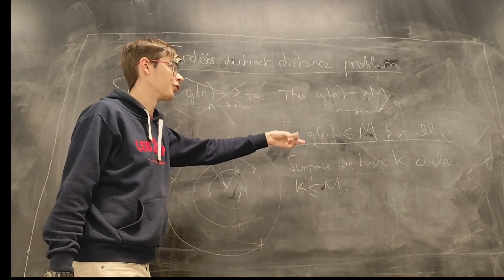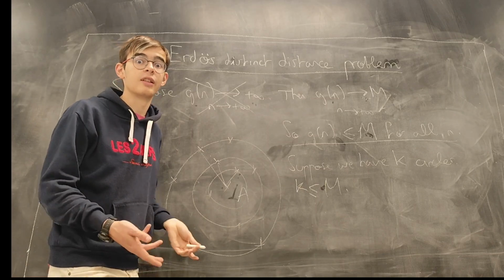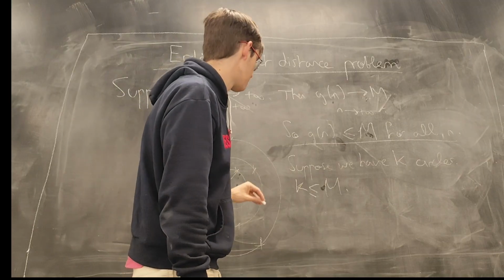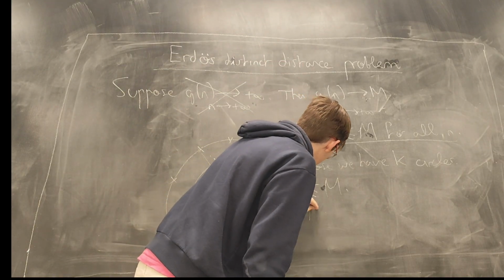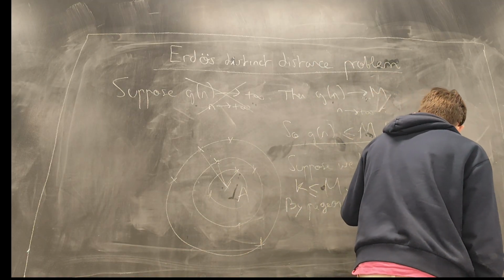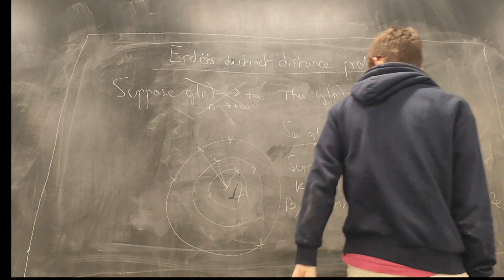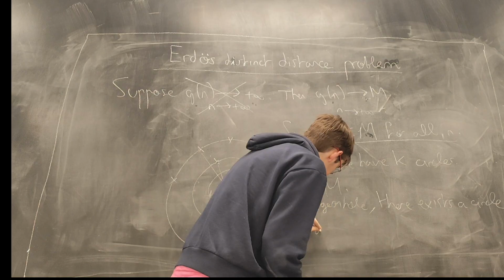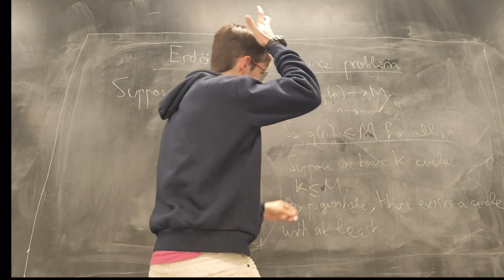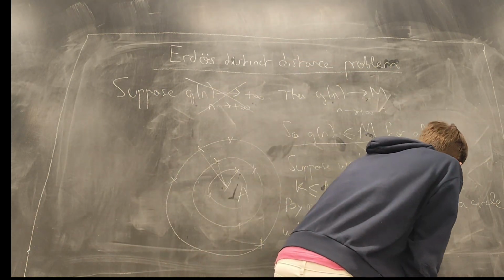And now, since we have a lot of points, we're going to be able to argue that there exists some circle which itself has a lot of points. Simply by the pigeonhole principle, there exists a circle with at least n over k points.